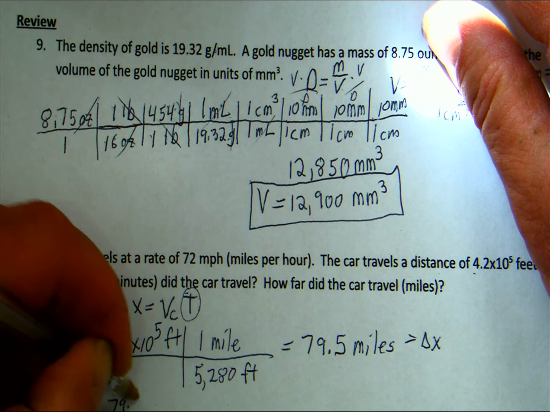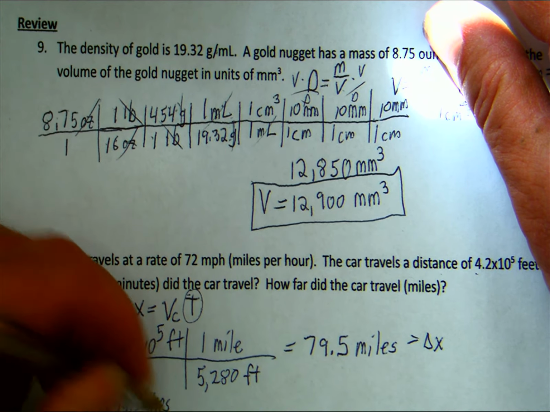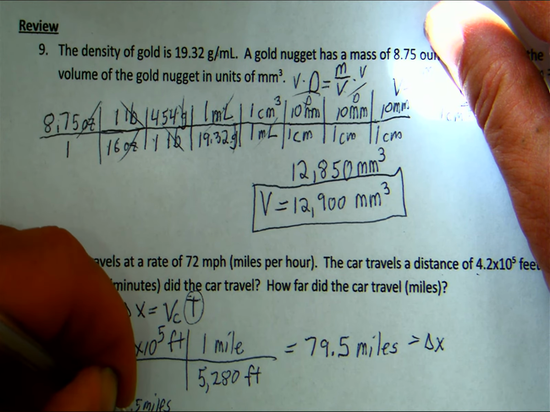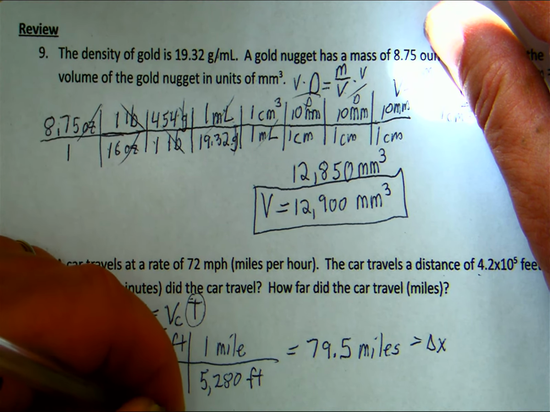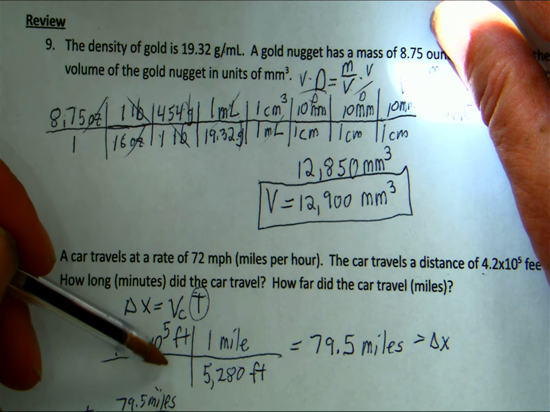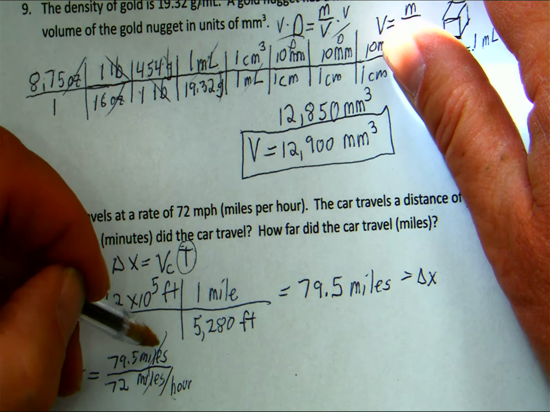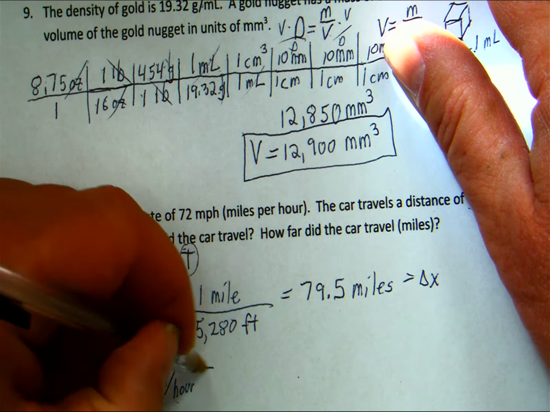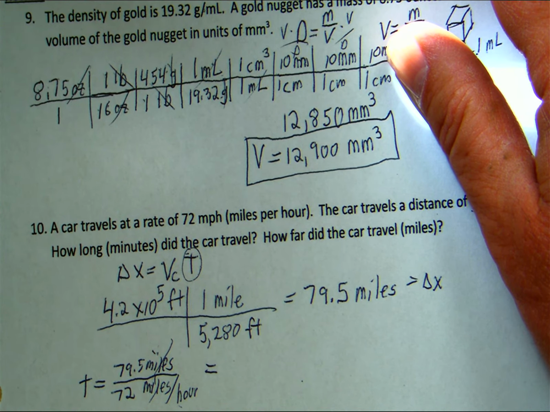So if we go 79.5 miles and we divide that by 72 miles per hour, 1 divided by 1 divided by x is x. So 1 divided by 1 divided by hours is hours. The miles cancel. 1 over hours is hours. So we'll get an answer with the correct units.